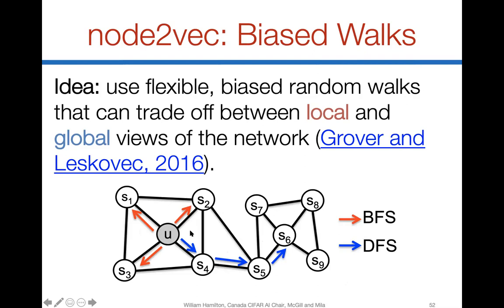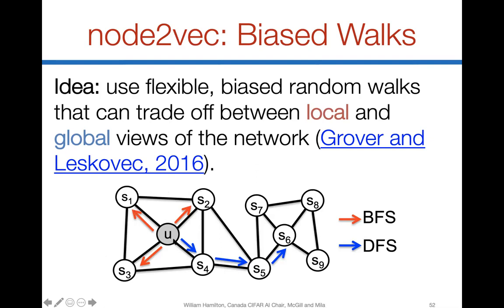If we think about how we can explore this graph, there are really two canonical exploration strategies. One is that we're starting at node U, and we can explore all the neighbors of node U first. We typically call this a breadth first search, which you may have encountered before. In a breadth first search, we're emphasizing getting a local view of the graph or network first.